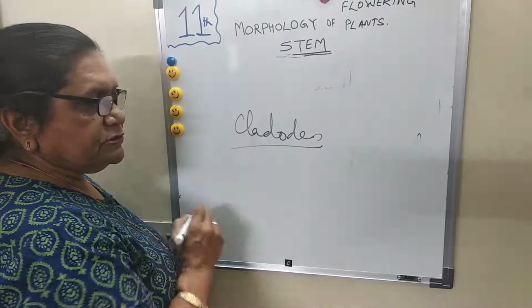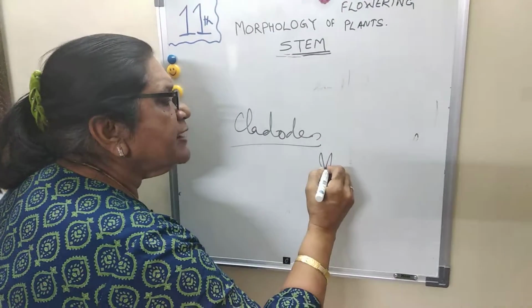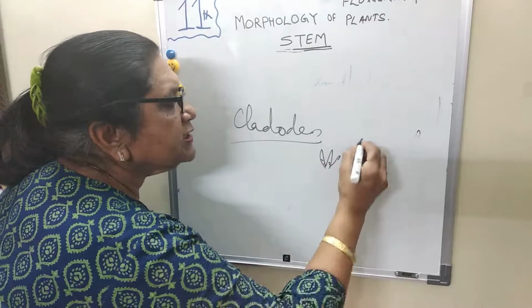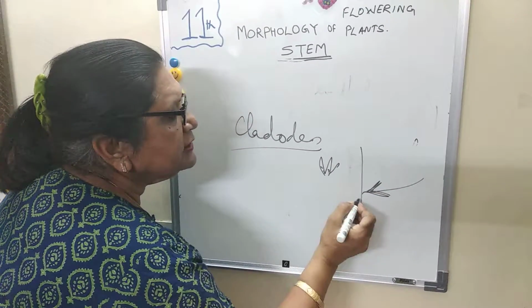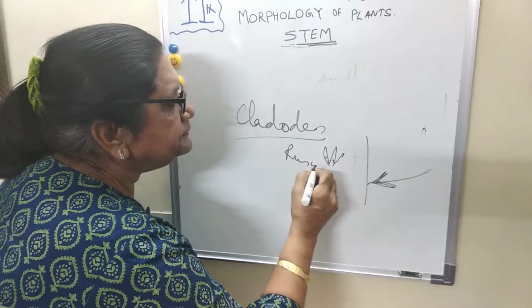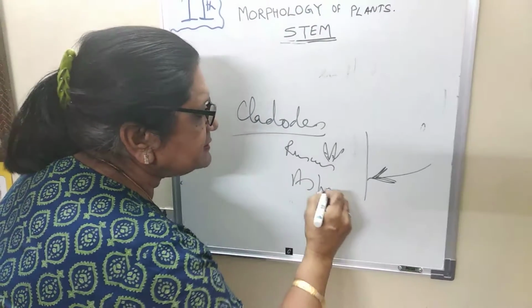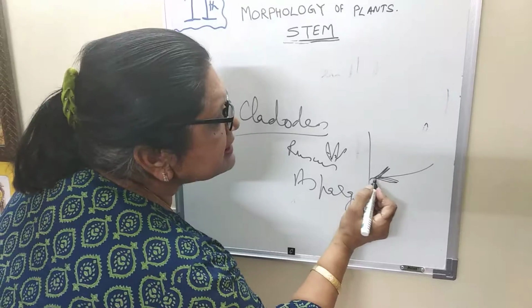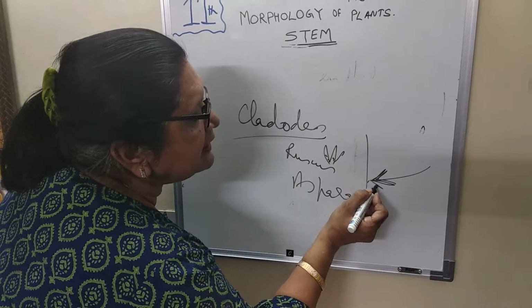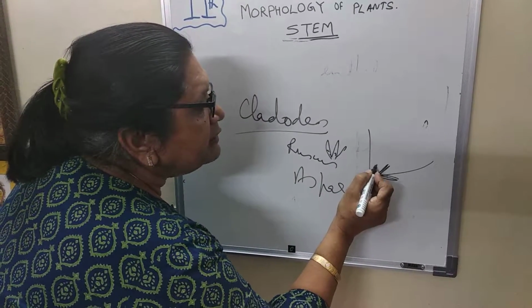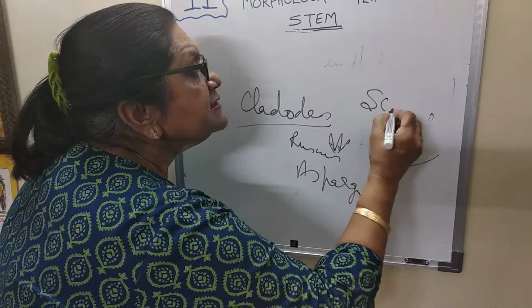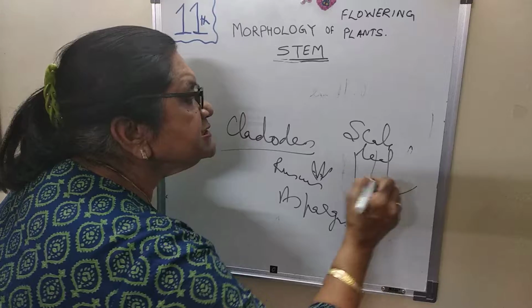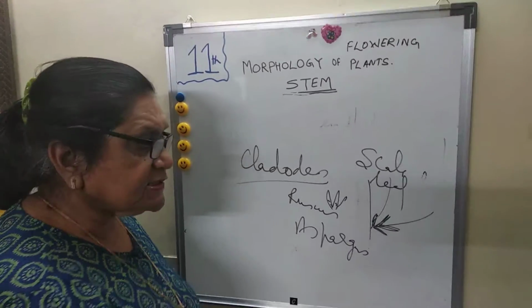Now, in case of another modification, they are called cladodes, C-L-A-D-O-D-E-S. It means a structure one internode long. You have seen this structure, in Ruscus and asparagus. In this case, the true leaves become scale leaves, which means they do not take part in photosynthesis.